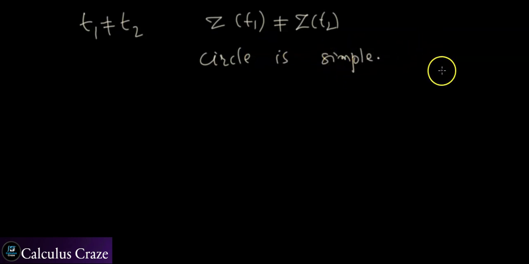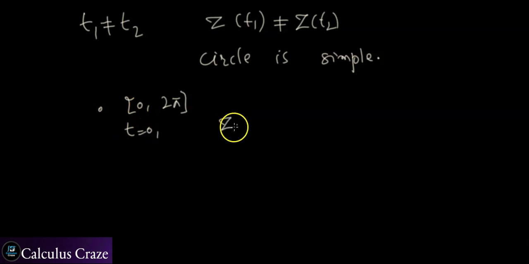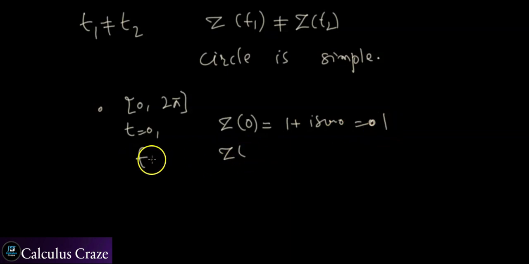But as I stated in the definition, possibly at the endpoints 0 and 2 pi, you can check that if you take t to be 0, then z of 0 is cos of 0, which is 1, plus iota sine of 0, which is 0. So you will have 1, and at t equal to 2 pi you also get 1 plus 0, which is 1.